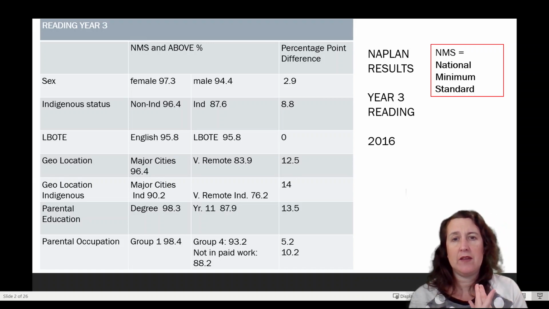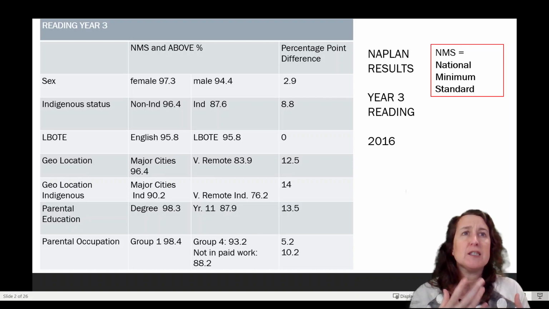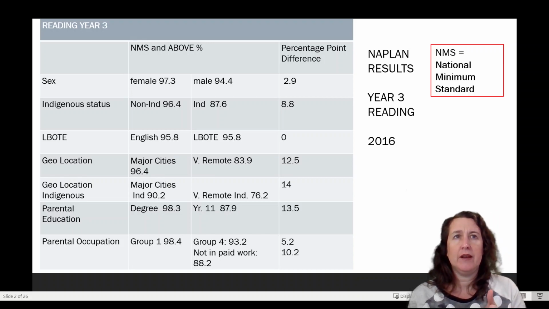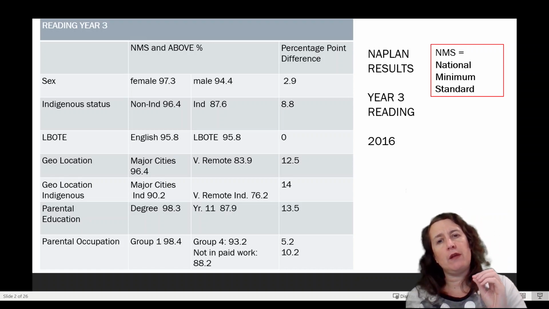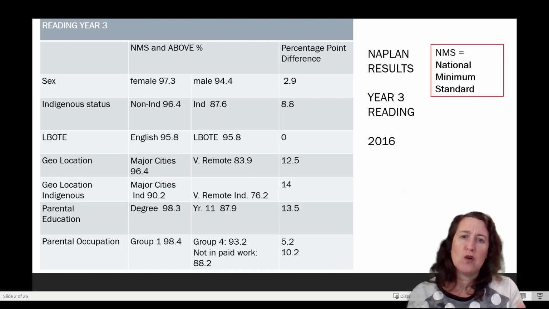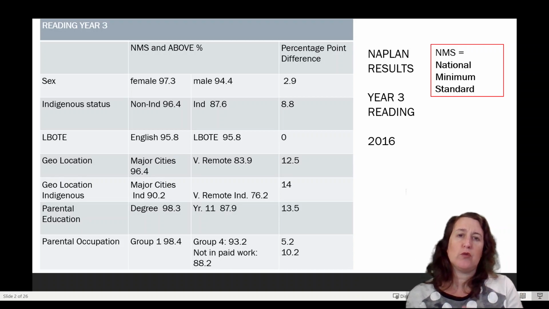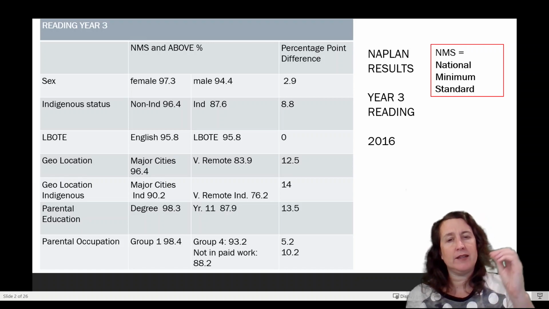I mean, we can see here that across Australia, the vast majority of students are meeting the national minimum standards for reading in Year 3, but we can see that result is not uniform, and that in particular with social groups, those students are slightly less likely to be making those standards.